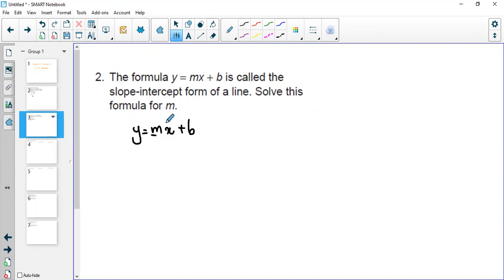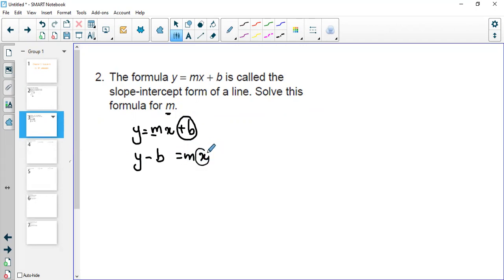Before you do anything else, of course you know that you have to remove this first, because this has nothing to do with the letter we are going to isolate. So plus b will move to the other side and become y minus b equals mx. Now mx means m multiplied by x. We are going to isolate m because they said solve the formula for m.